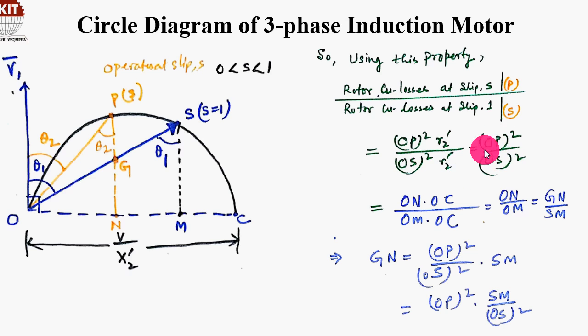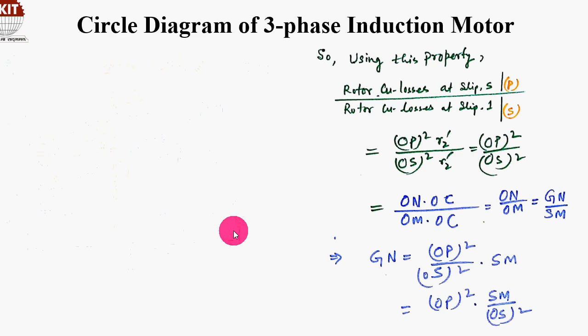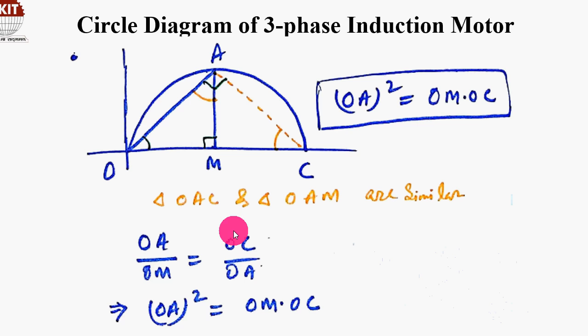So now from here I can write OP square, that is in this triangle, will be equal to ON times OC, using the previous result, that is this one. Look at it carefully: OA square will be equal to OM multiplied by OC.